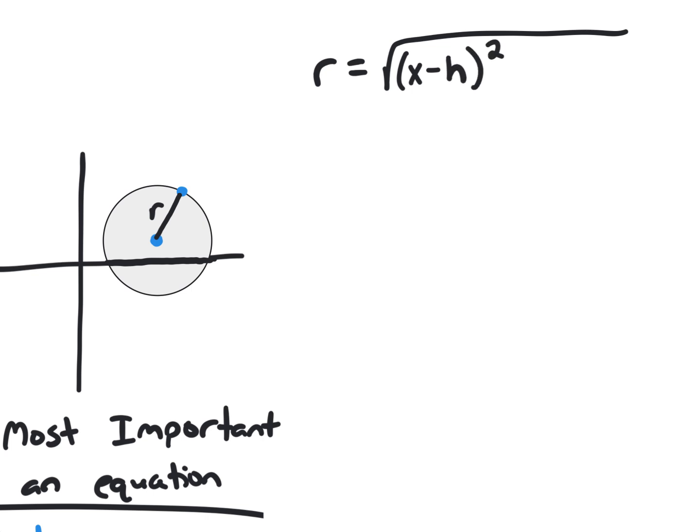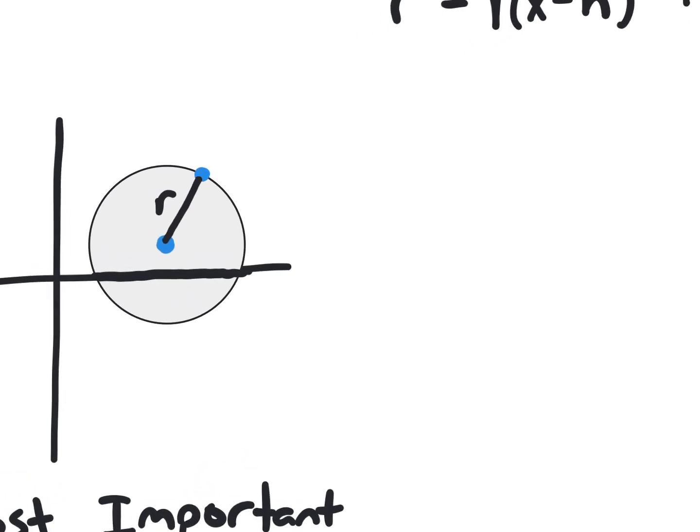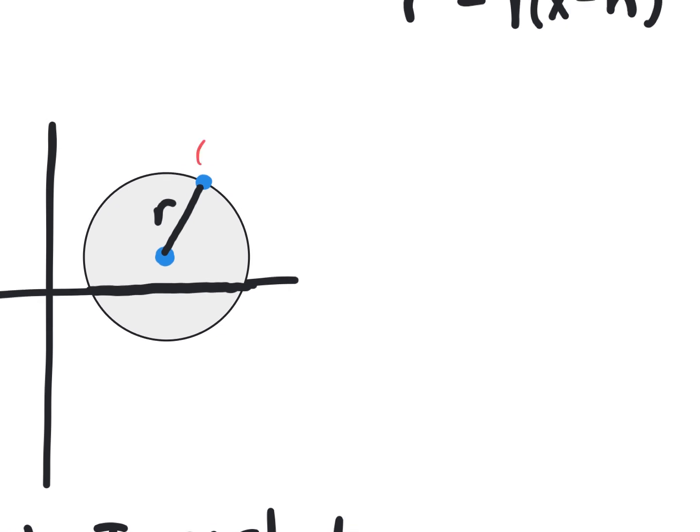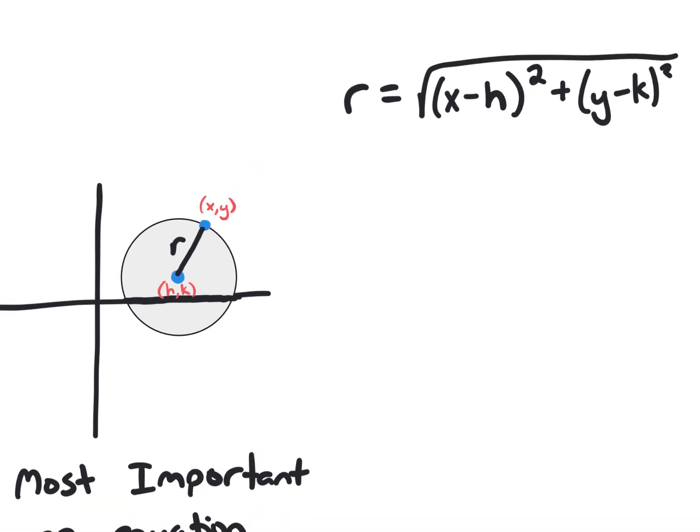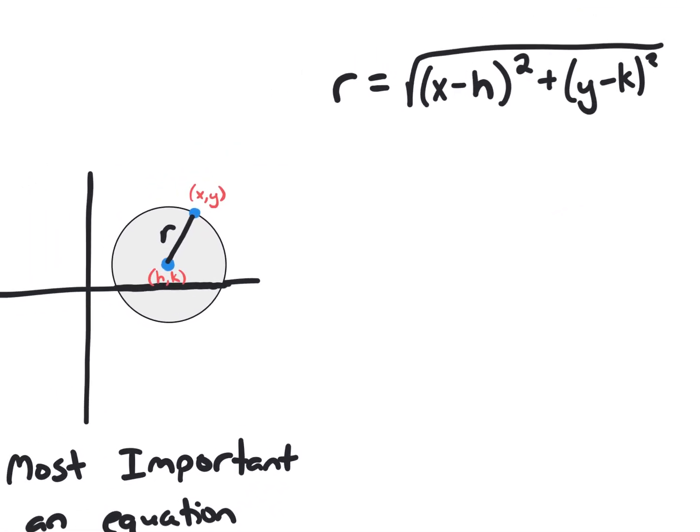The point on the edge of the circle is your xy coordinate. The center in a circle is always considered hk, just to keep it separate from the coordinates. So to find the length of the radius, we're going to use the distance formula.